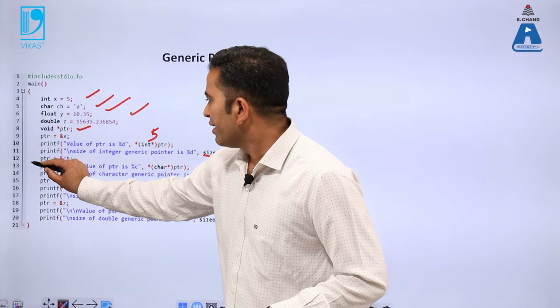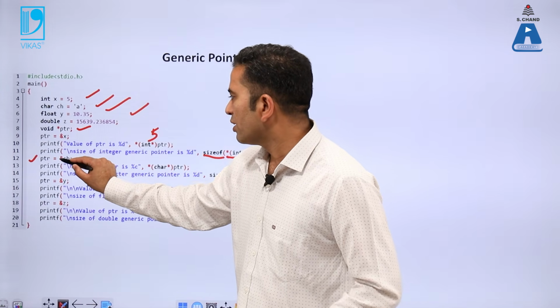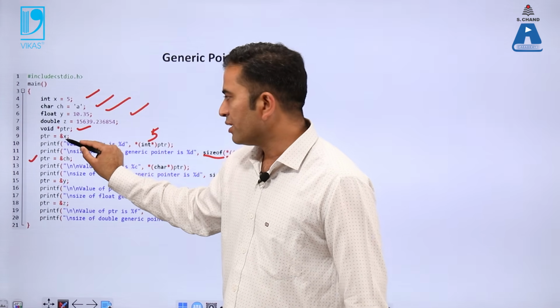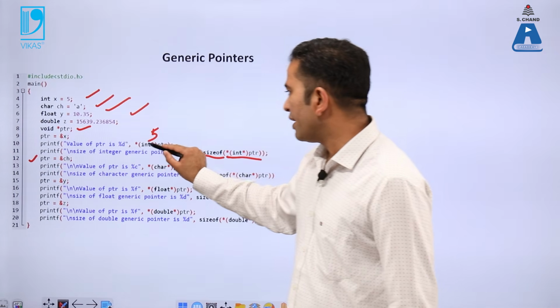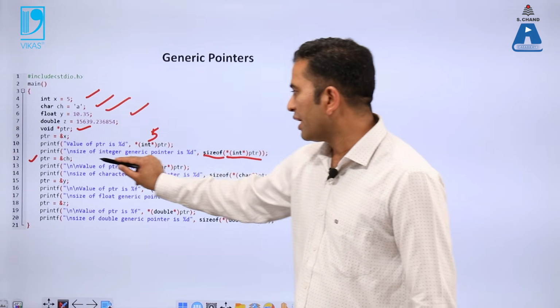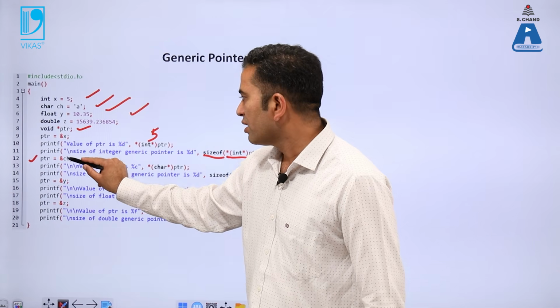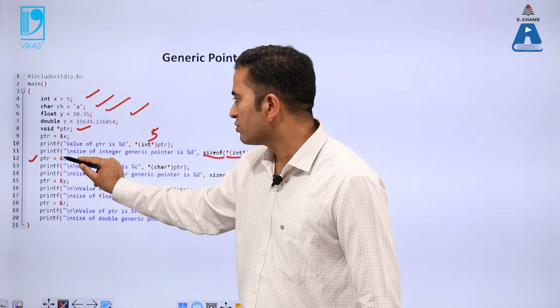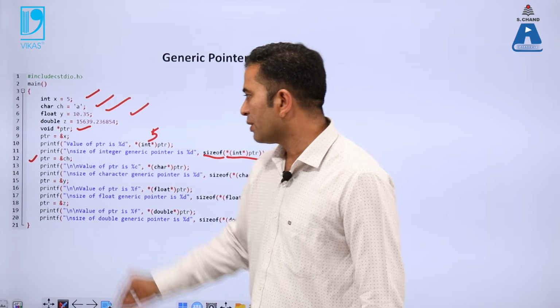Now again we are assigning ptr equal to &ch. Point to be noted, it is a generic pointer right now. In this statement we have typecasted to the integer, and again we are assigning the next variable, that is &ch, the address of this character variable, to the ptr.